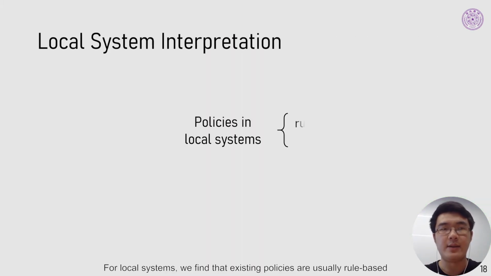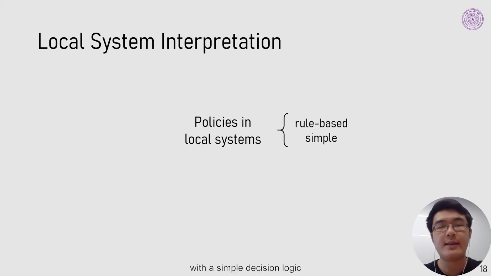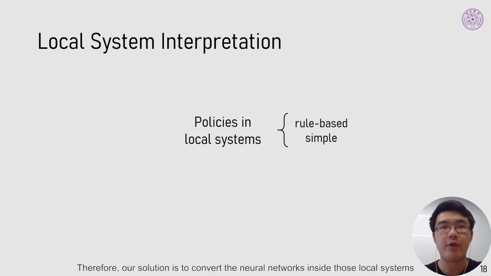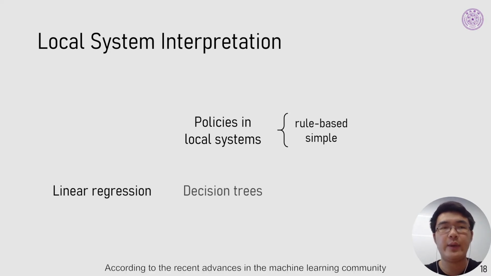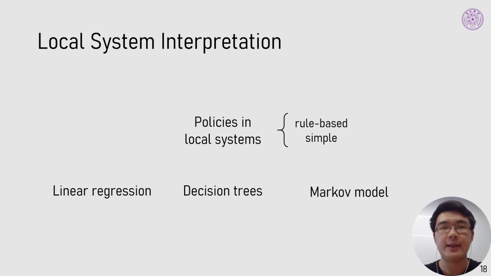For local systems, we find that existing policies are usually rule-based with a simple decision logic. Therefore, our solution is to convert the neural networks inside those local systems into simpler and self-interpretable models. According to the recent advances in the machine learning community, there are many candidate models that could be the target of the conversion.